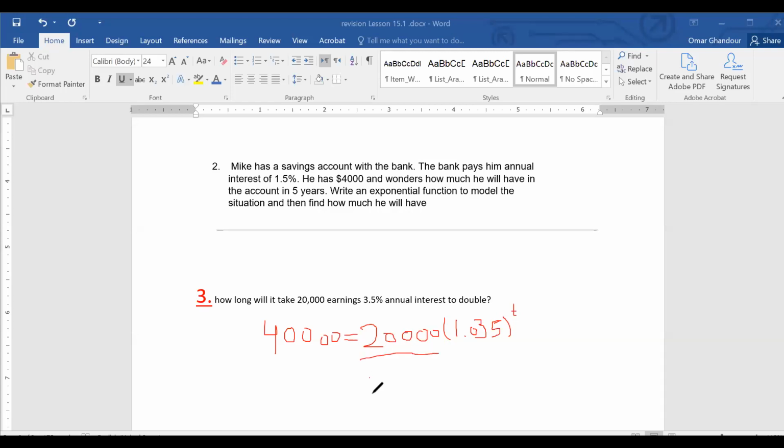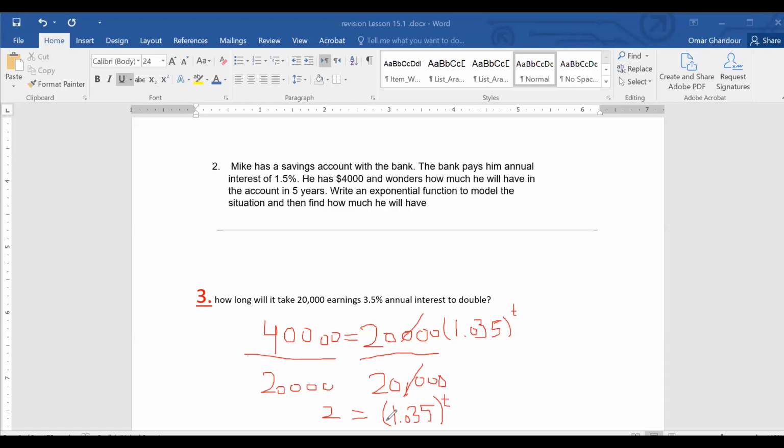Both of them are divisible by 20,000. So 20 will cancel 20, and here the answer will be 2. So 2 is equal to 1.035 to the power of t. So of course I made it much easier for myself.